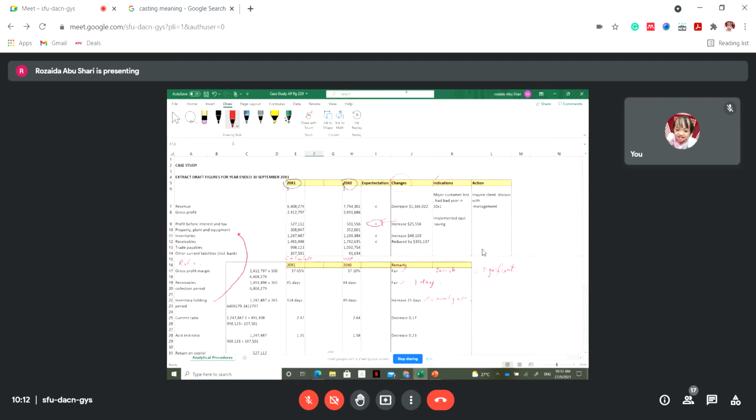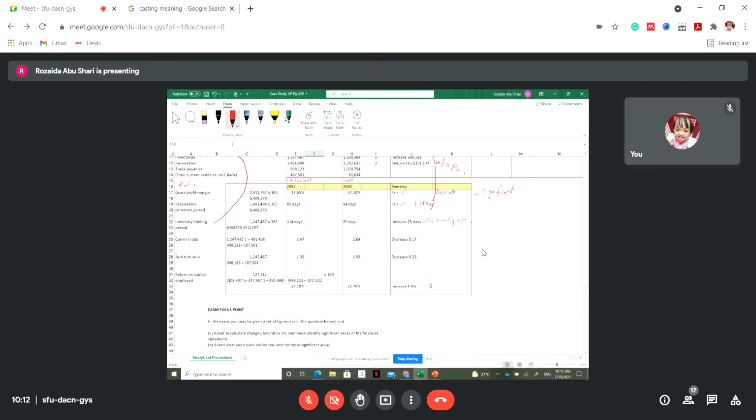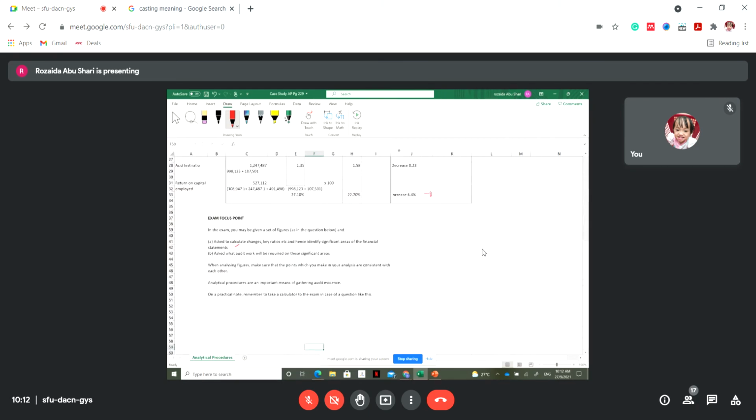You take the information for current year and previous year, see the changes, then look at the relationship with the changes of the ratio, and predict the indication. Then you are asked what audit work will be required on these significant areas.